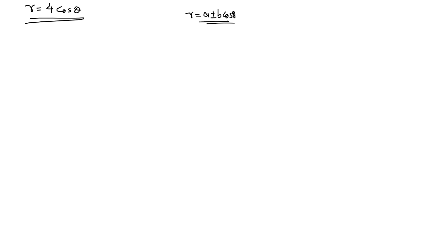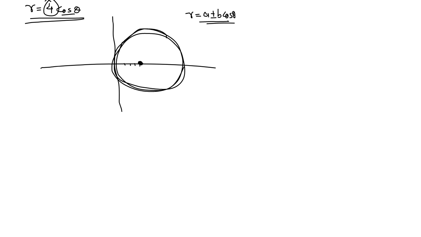But here you don't have any A, you don't have any B. So as Ibrahim said, on the x-axis you have to draw the circle. So this is the xy plane. This is 4, 4 is the radius, 1, 2, 3, 4, and this is the radius. And this is the circle on the x-axis. Got it? Because this is cosine, so this will be the circle.